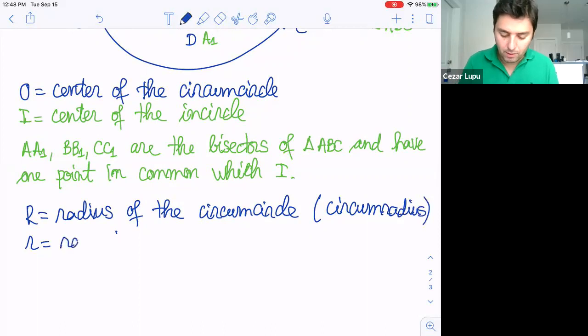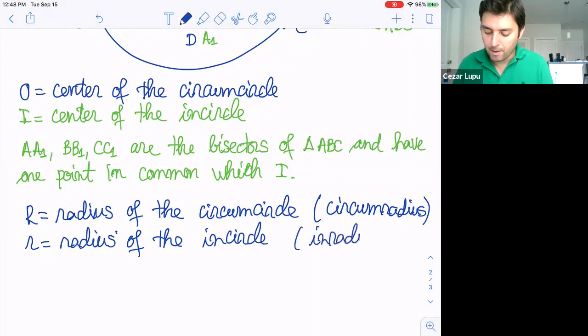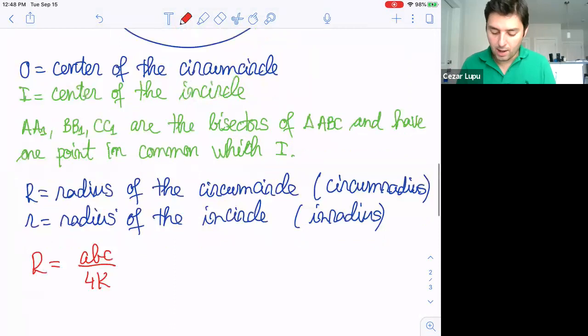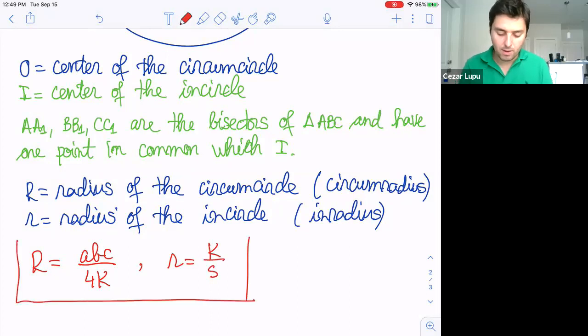And little r will be the radius of the incircle, which is the inradius. These two have two formulas. R will be the product ABC over 4 times the area, and little r will be K over S, the area over the semi-perimeter. So keep this in mind.